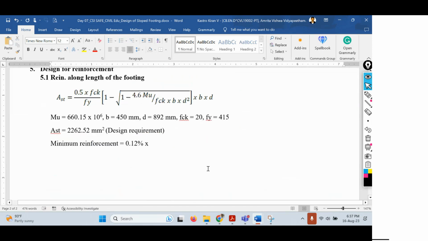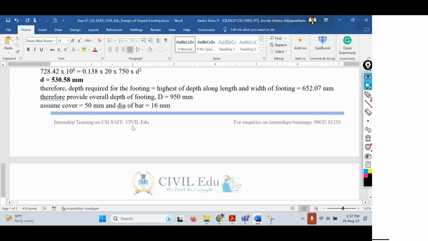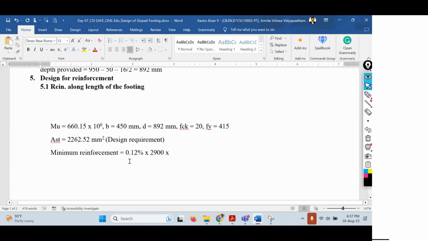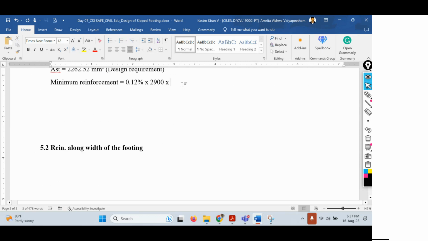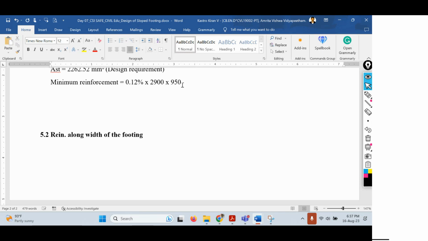So minimum reinforcement is 2900 B into overall depth. What is overall depth? We have assumed it as 950 mm. So 0.12% BD. Okay, so that equals to, what will be the value? 3306 mm square. Okay, 3306 mm square.